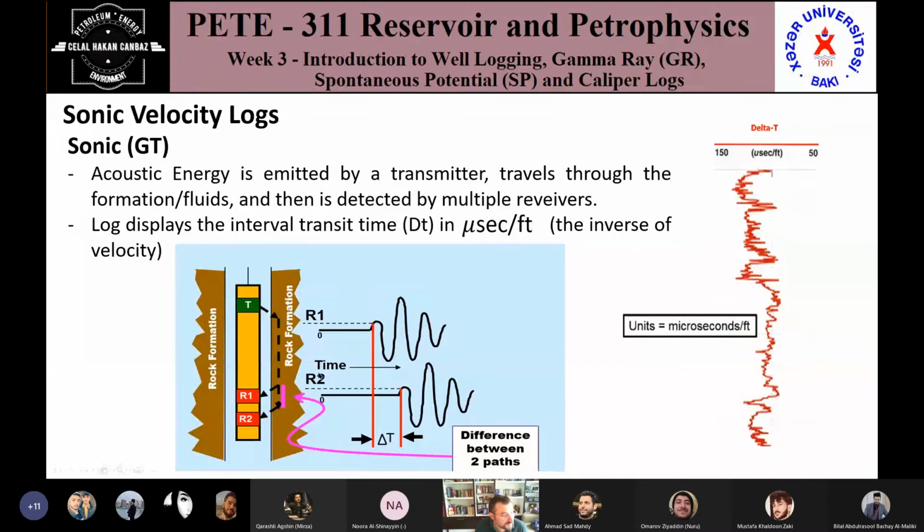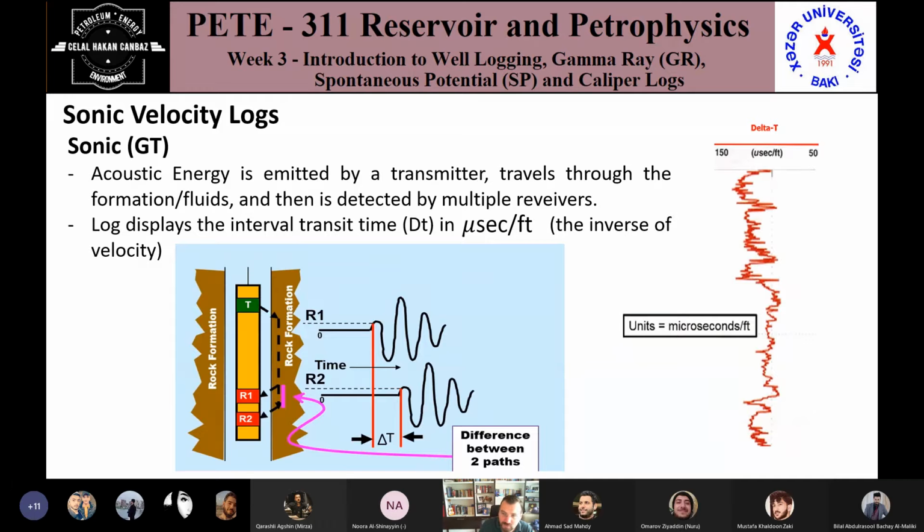You know how many feet it is, and you know the delay time of the signal reaching the receivers, and you record these interval transit times. According to this, you make your logging readings. We will go into details of sonic velocity in next weeks.